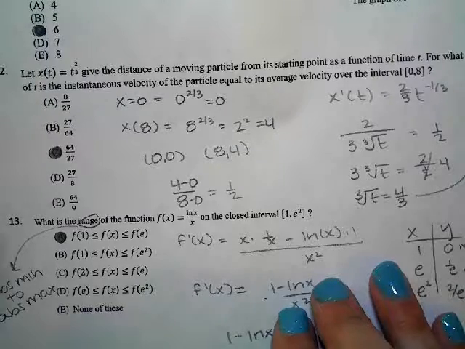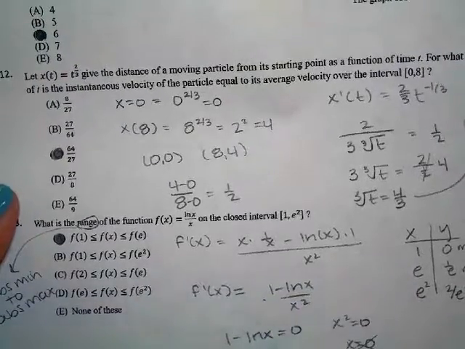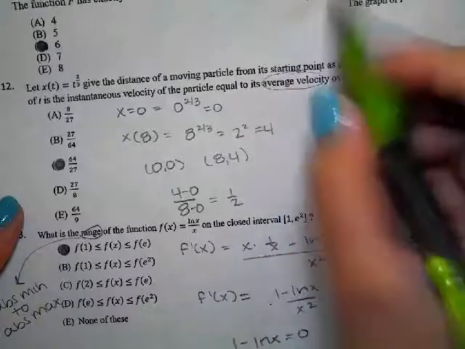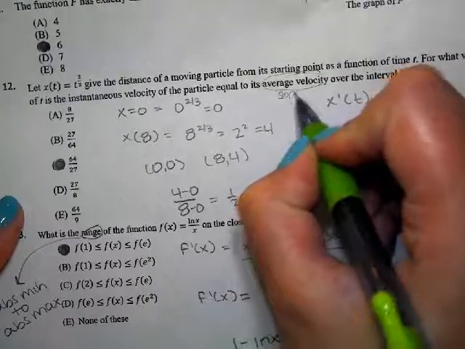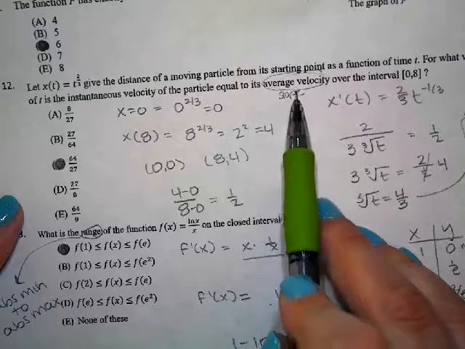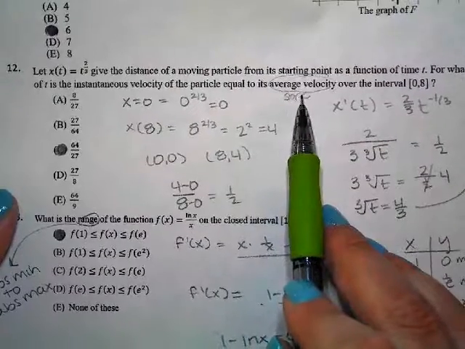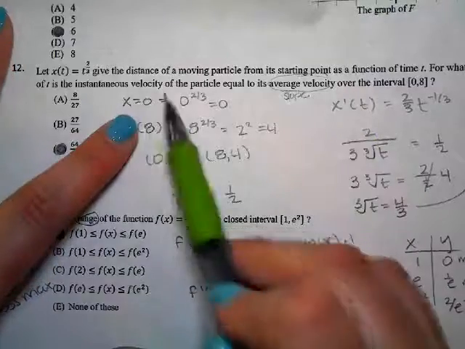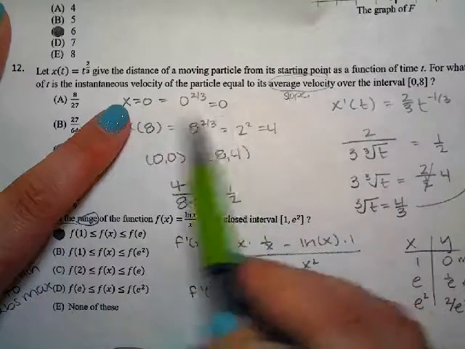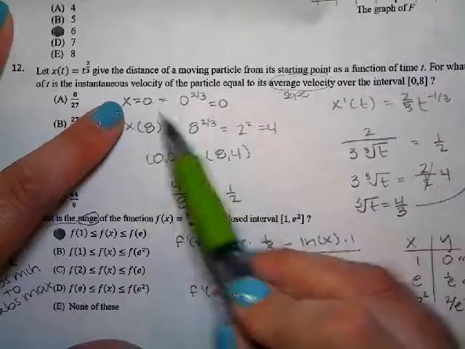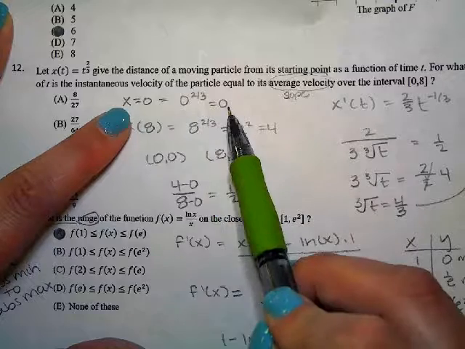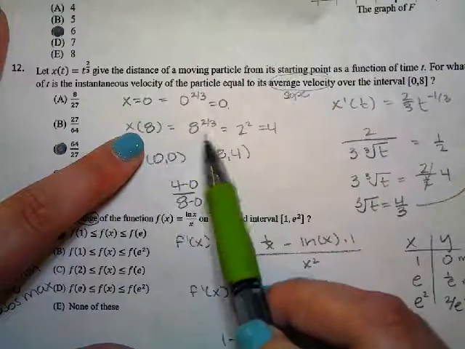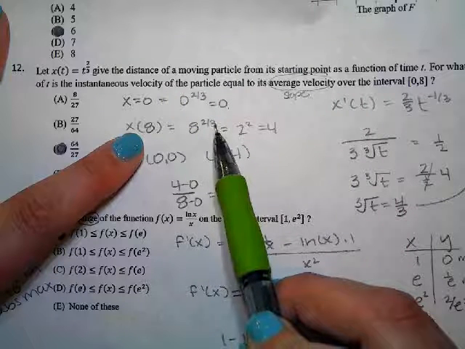So average velocity is slope. It's just taking the position equation and doing the slope with it. So we take the interval 0 to 8, so we plug in 0. If you plug in 0, you get an output of 0, so 0, 0, and then you plug in the other end 8. 8 to the 2/3 is you do the cube root of 8, which is 2, and then 2 to the second power, which is 4.